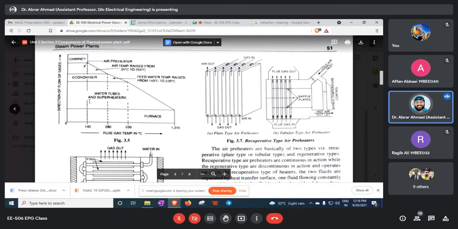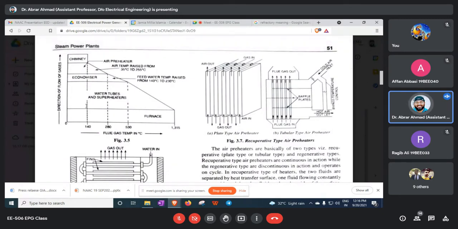Although the temperature is going down as you go up, as you can see from the figure, it is still able to utilize the heat from this air, which is being heated by the boiler or of course coal.